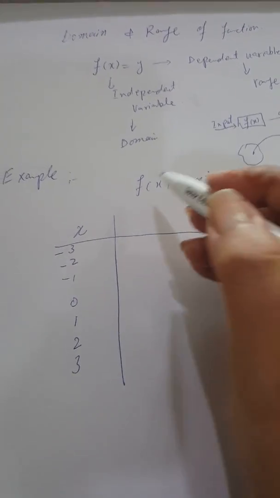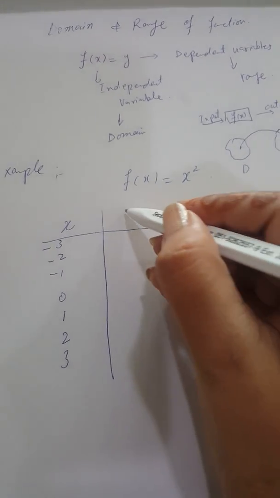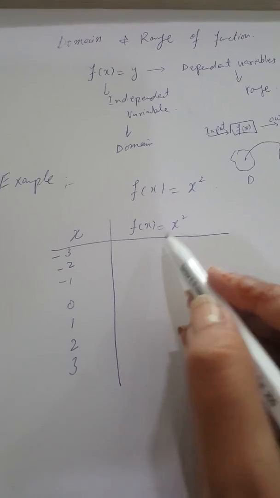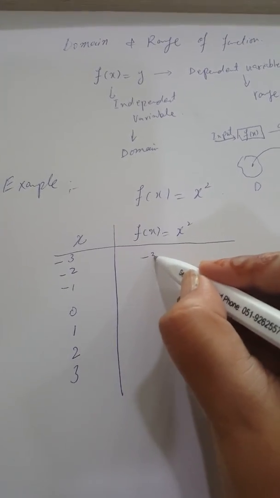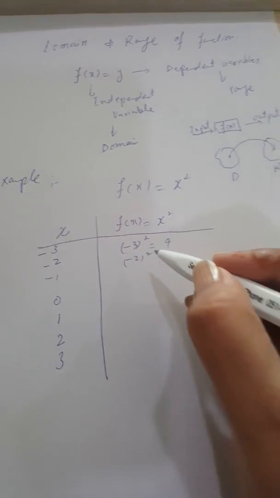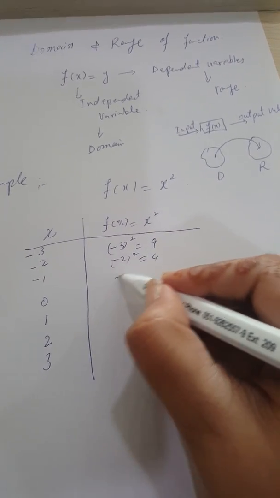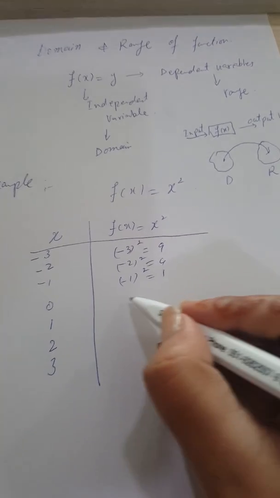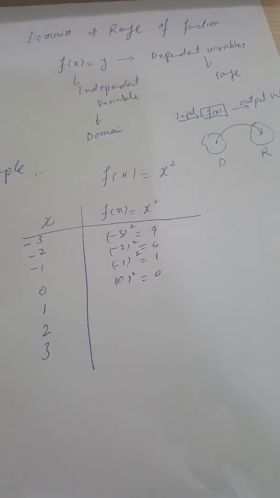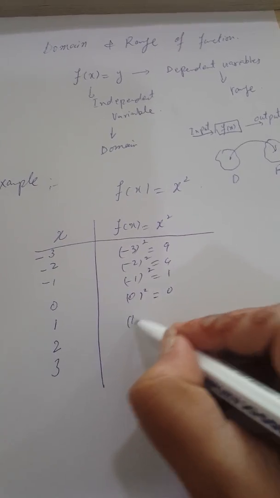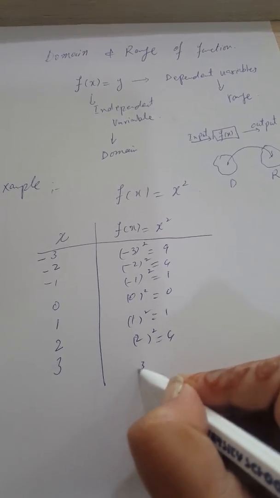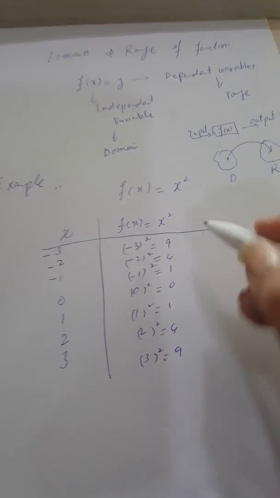Now the values of x square: -3 square is equal to 9, -2 square is equal to 4, -1 square is equal to +1, 0 square is equal to 0, 1 square is equal to 1, 2 square is equal to 4, 3 square is equal to 9.